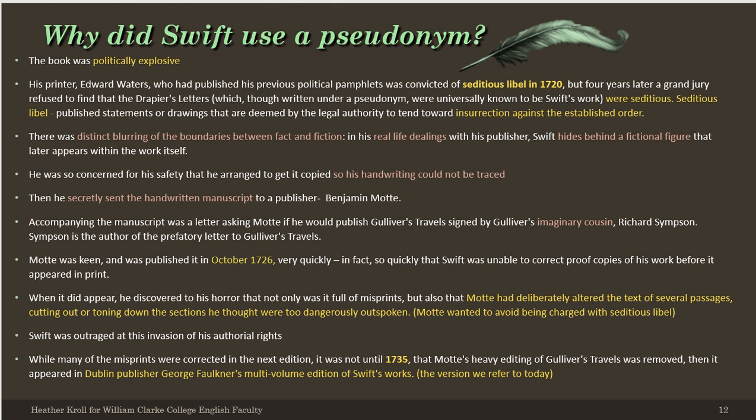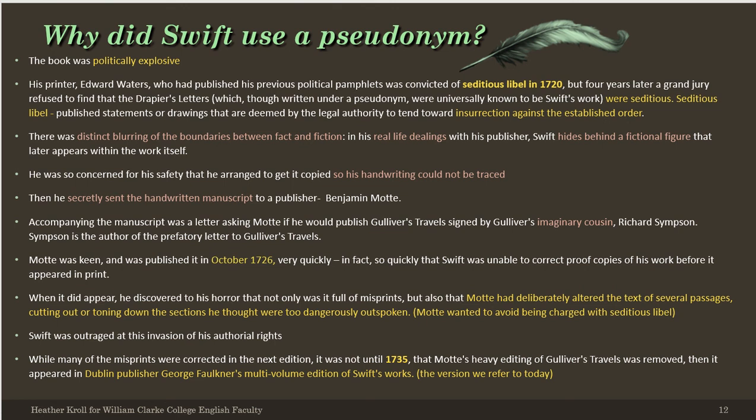While many of the misprints were corrected in the next edition, it wasn't until 1735, so that's nearly 9 years later, that Mott's heavy-handed editing of Gulliver's Travels was removed. Then it appeared in Dublin publisher George Faulkner's multi-volume edition of Swift's work. And this is the version we refer to today.